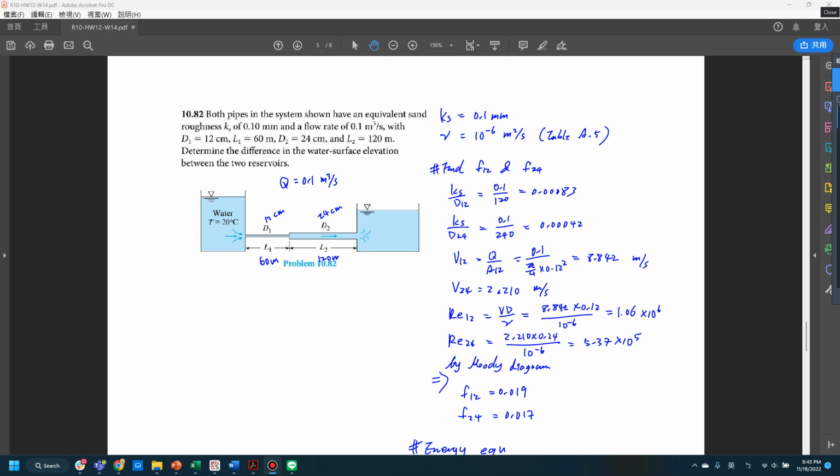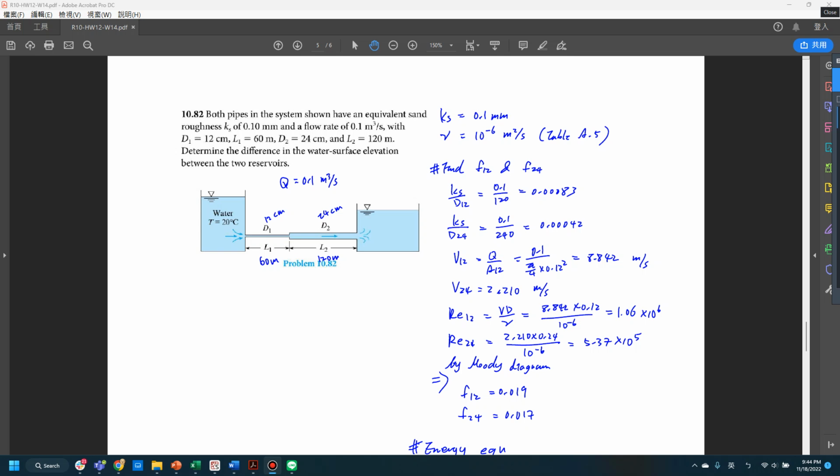That's why we need to calculate that. To do that, we will apply the Moody diagram to find these two factors F for pipe 1 and pipe 2, and for that you will need to calculate the relative roughness and the Reynolds number for these two pipelines.